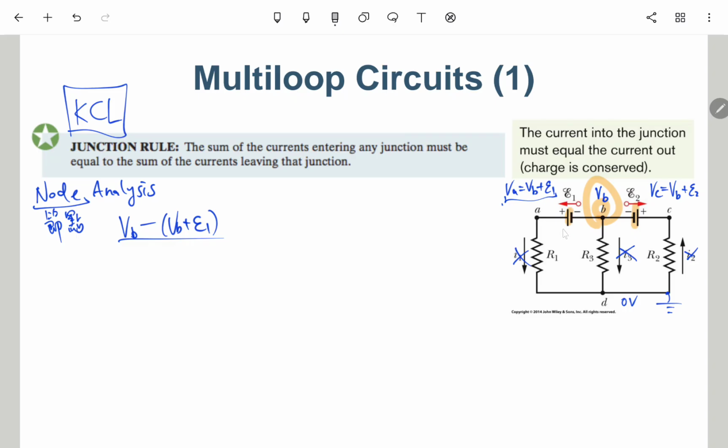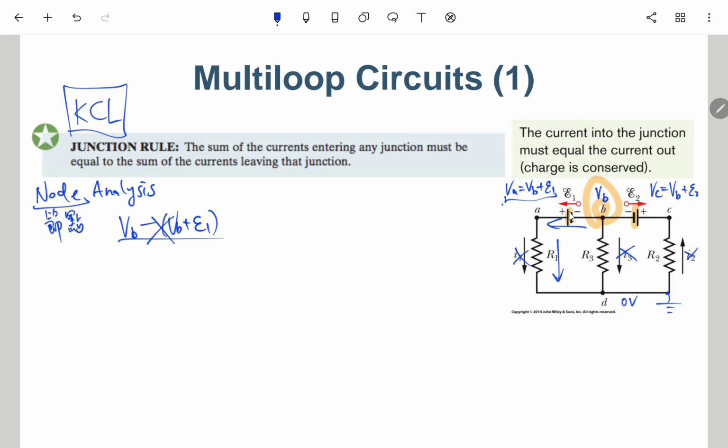This is an ideal battery. The current of an ideal battery doesn't relate to the potential difference across it in any sense. The current can be arbitrary. So this one is not correct.